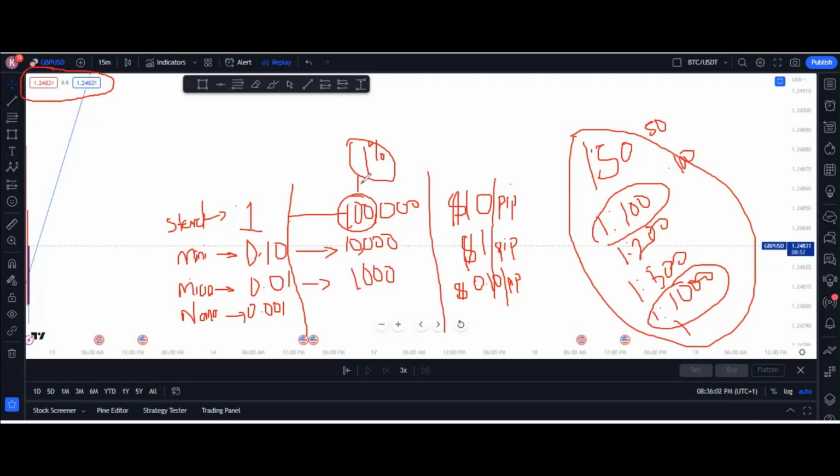Now, let's say I'm looking at MT4. If you go to your MT4 right now, you will see balance, equity, margin, free margin, then margin level.